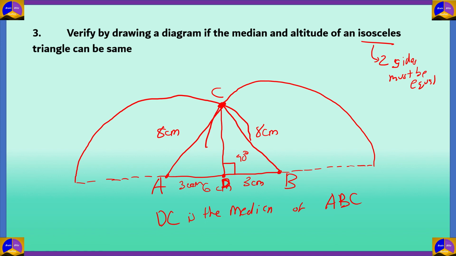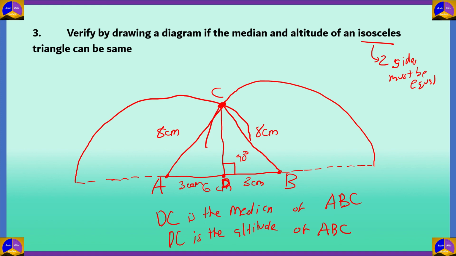And C is also a vertex connecting to the opposite side and intersecting at 90 degrees. So DC is also the altitude of ABC.